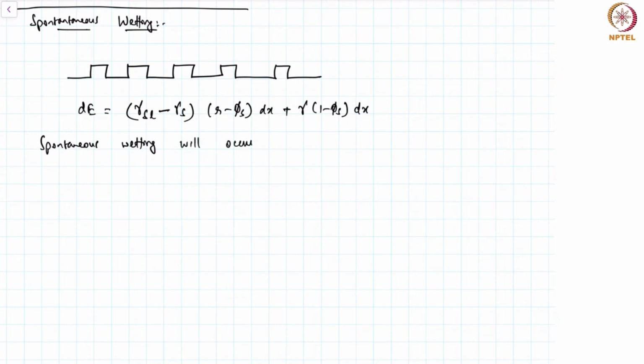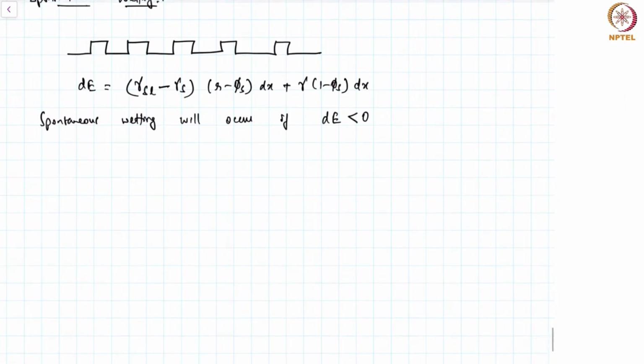will occur if this quantity dE is less than 0. When dE is less than 0, the system is continuously able to reduce the energy by spreading on the surface. And now we have the Young's angle, cosine of theta y, which is gamma s minus gamma sl by gamma.